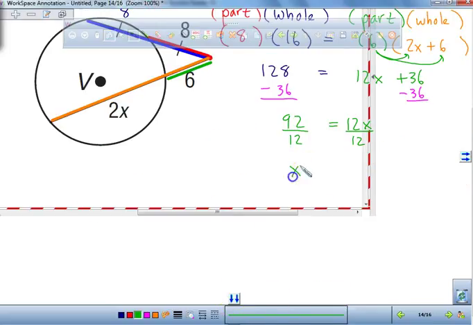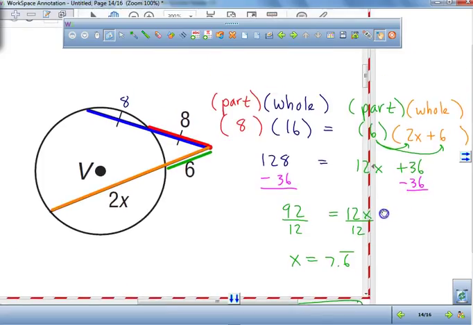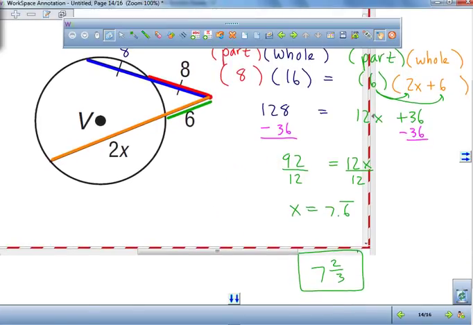We get 7 2/3. In the calculator it'd be 7.6 repeating, and everybody knows that's 7 2/3. So x is equal to 7 2/3. Just remember, it's part times the whole equals the part times the whole. That's how you always have to set it up.